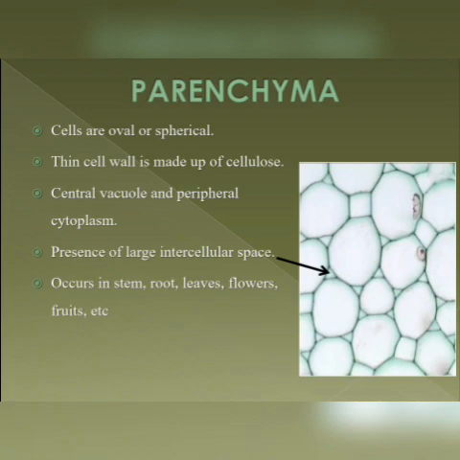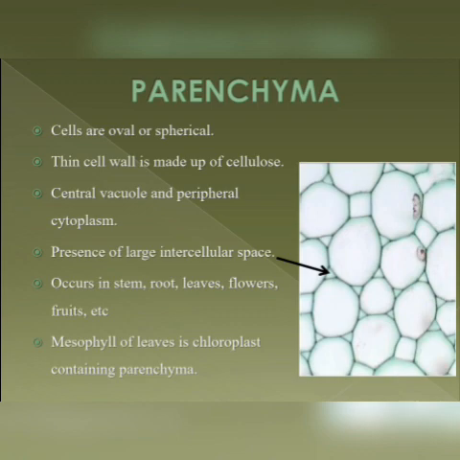Apart from these structures, mesophylls of leaves in which chloroplasts are present, they contain parenchyma. So, mesophyll of leaf is containing chloroplast, and that is a type of parenchyma.